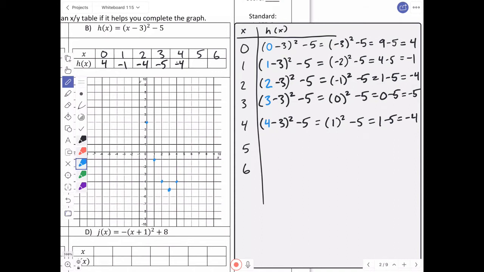And then 5 minus 3 squared minus 5 equals 2 squared minus 5 equals 4 minus 5 equals negative 1.